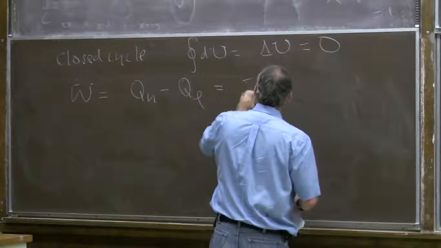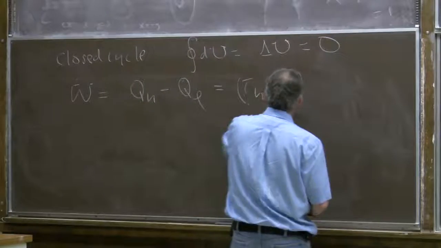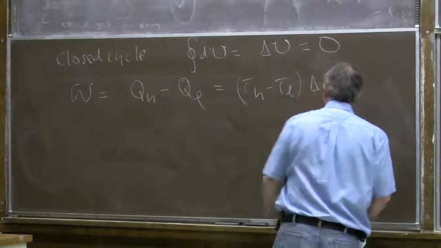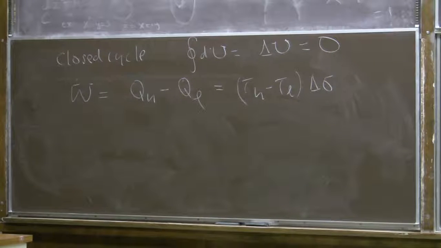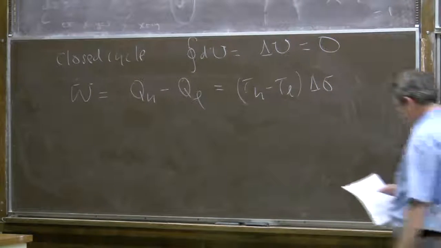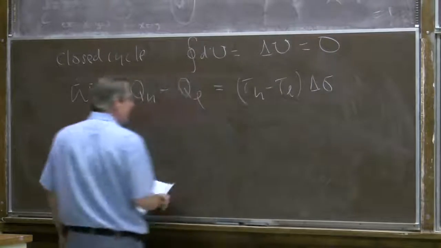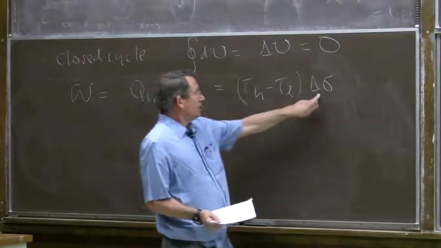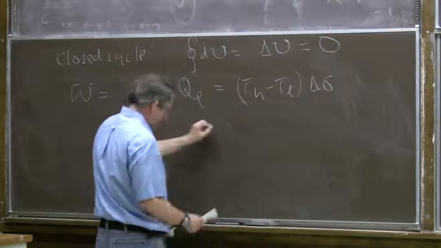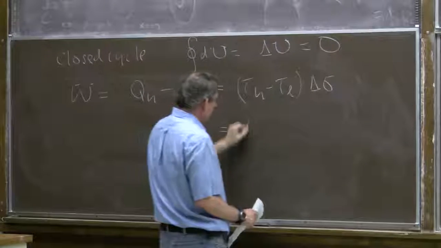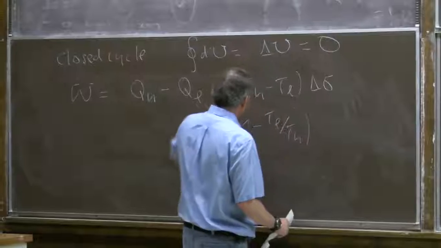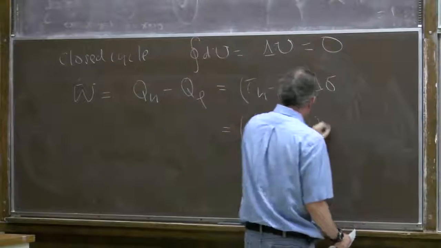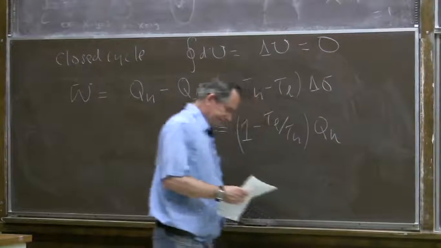It's tau H minus tau L, delta sigma, where tau H delta sigma is QH, and tau L delta sigma is QL. And if I factor out tau H times delta sigma, in other words QH, that's 1 minus tau L over tau H times QH.